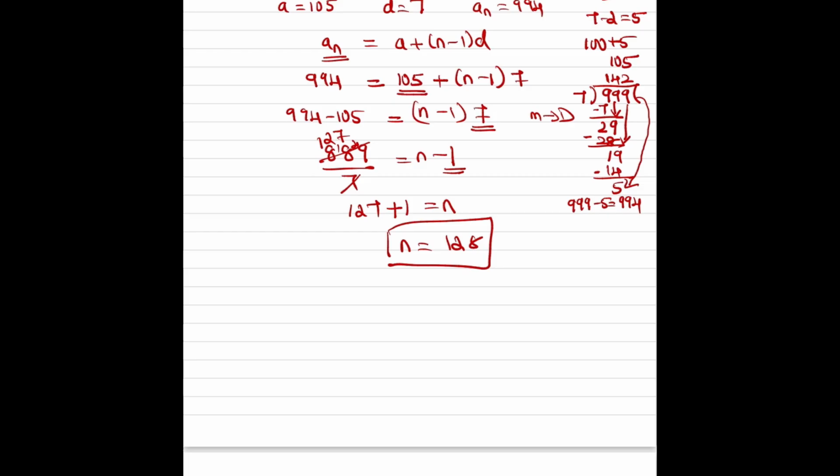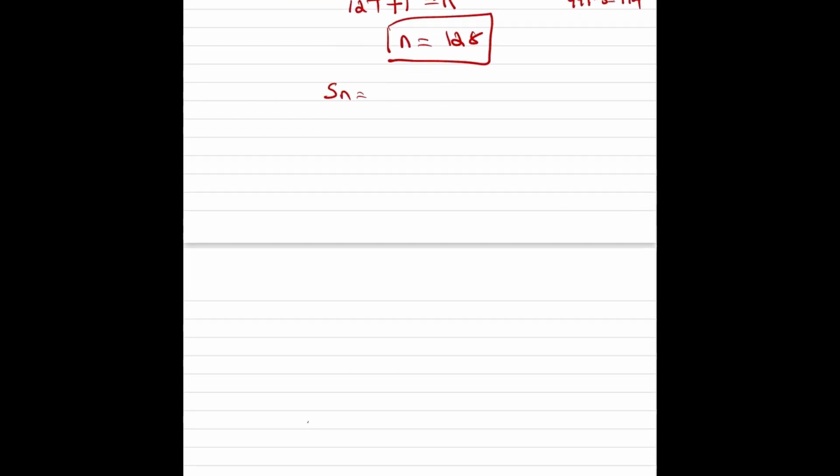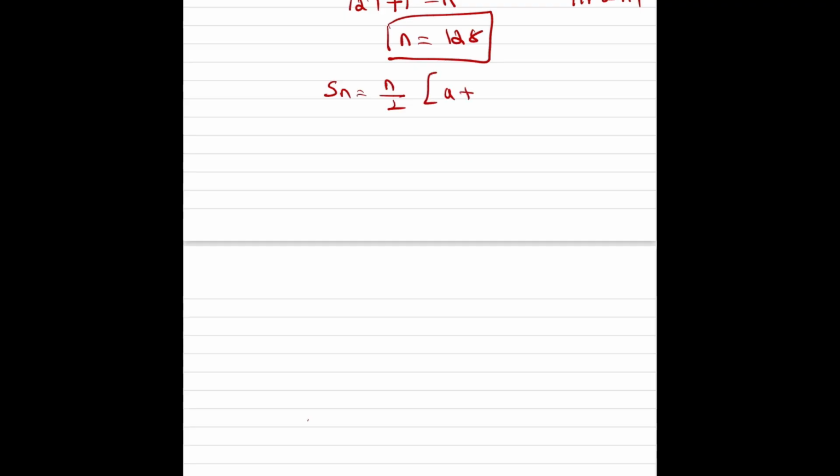So now what do we want to do? We have to find Sn, the sum of the terms. Sn equals n by 2 into 2a plus n minus 1 into d. Sn equals n by 2 into a plus an. I think you guys know this formula. The n value is 128, we get 128 by 2.